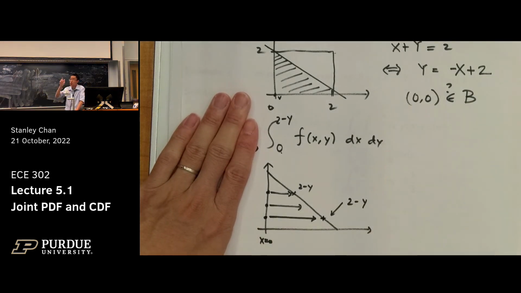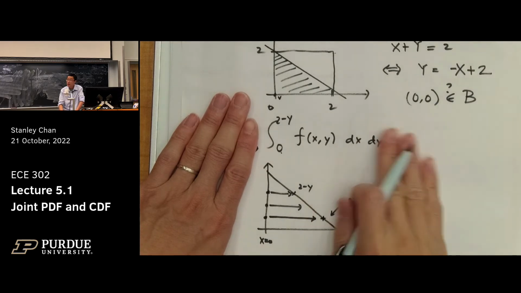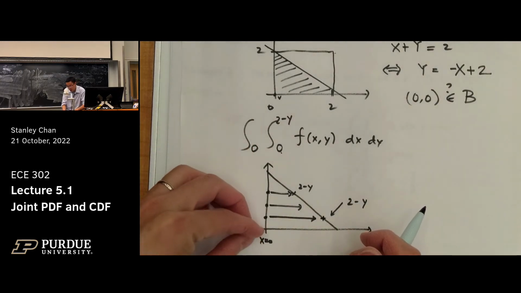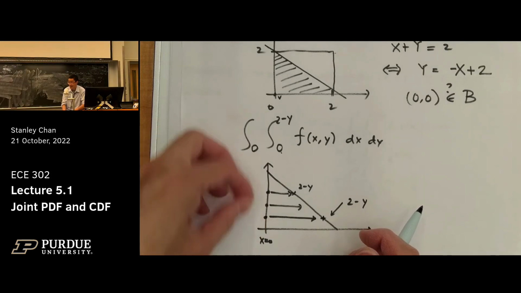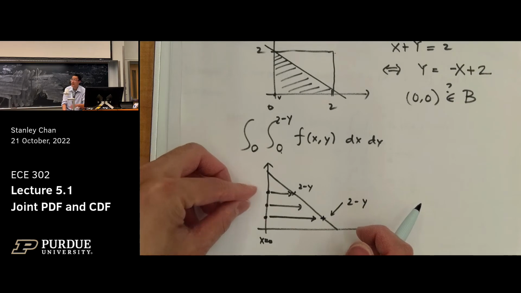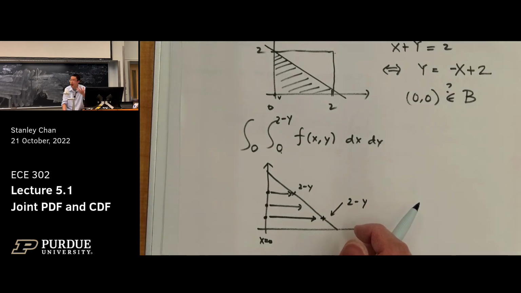It's a horizontal, just one horizontal line in this figure, going from this point to that point. It works for whatever y I have. And then you need the outer integral to list out all the possible lines. That has to include all the possible lines, enumerate all the possible y's.